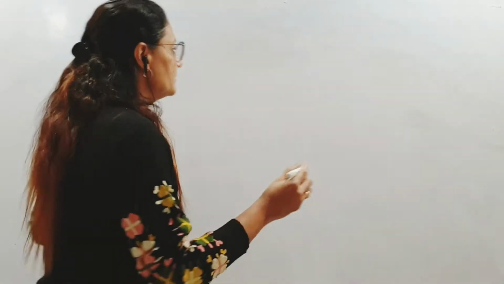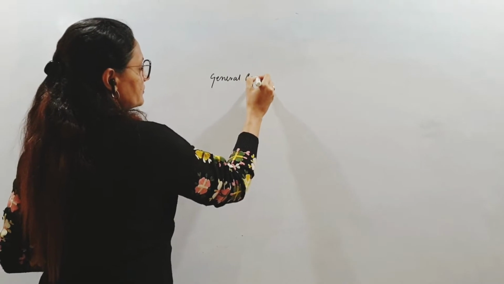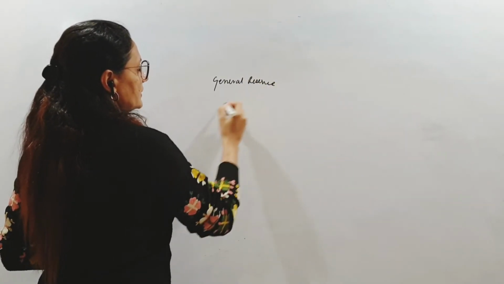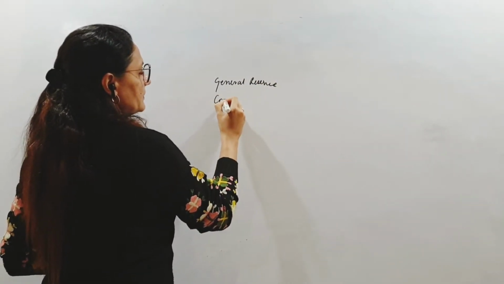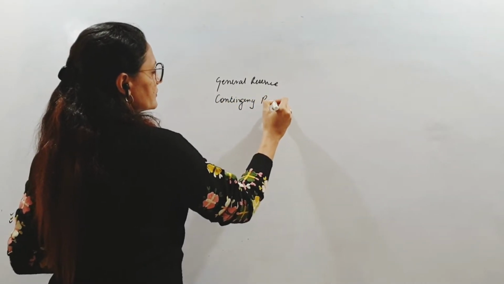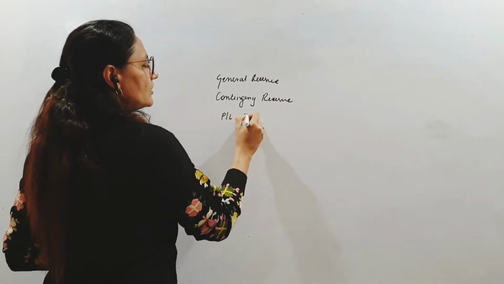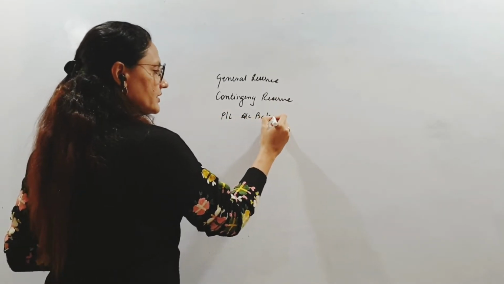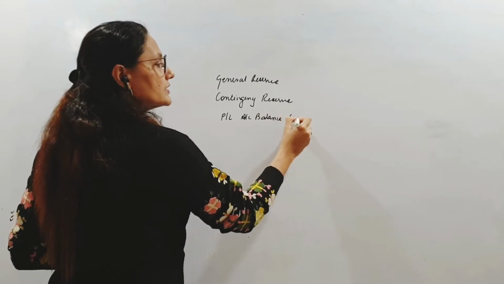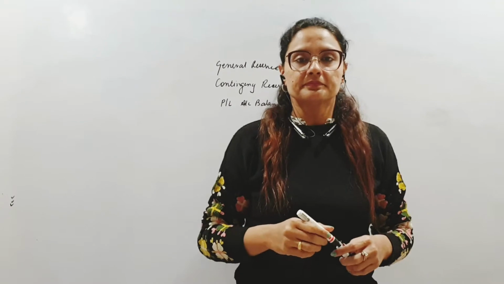Free reserves meaning, for example, you can talk about general reserve, then maybe a contingency reserve, or maybe you have a profit and loss account balance given to you. Obviously on the liability side, meaning having a positive credit balance.